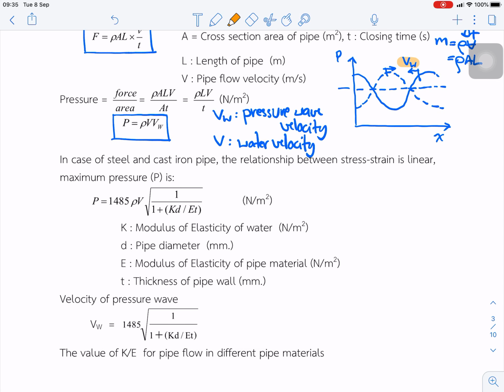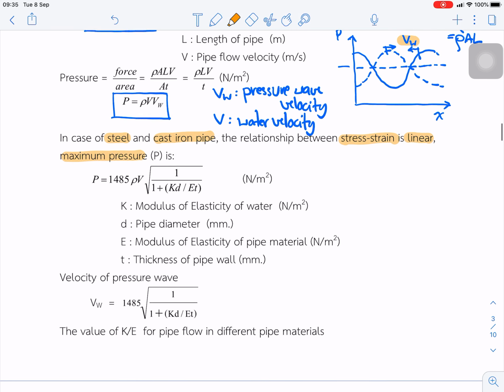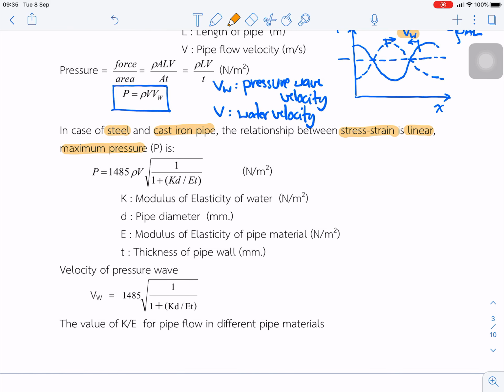In the case of a steel or cast iron pipe, the relationship between stress and strain is linear, so the maximum pressure is used. We can use this equation to find the pressure, and it can be written as a ratio of the modulus of elasticity of the water divided by the modulus of elasticity of the pipe, times the pipe diameter divided by the thickness of the pipe wall.